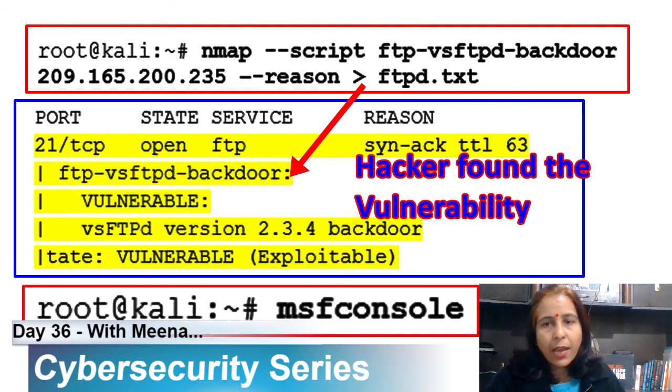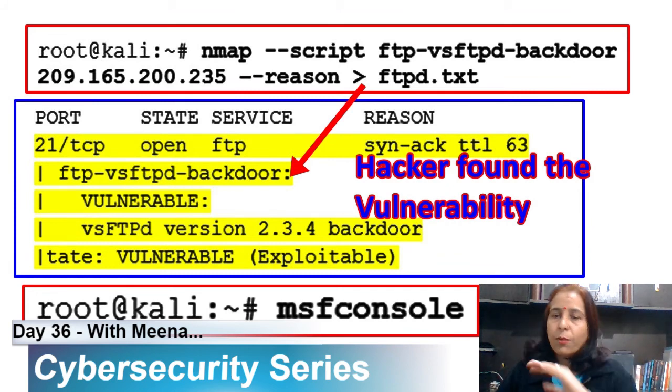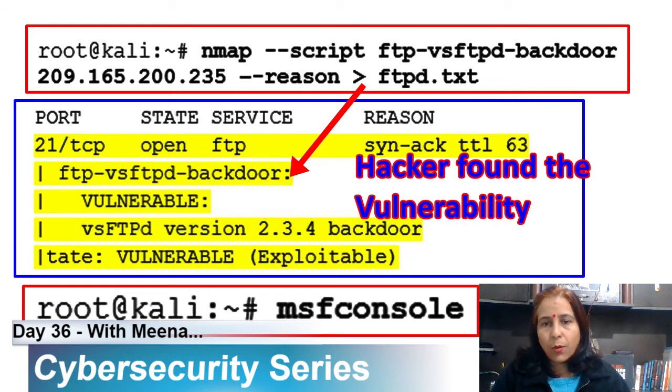With the help of MSF console, he used that vulnerability and exploited it with the help of Kali Linux. So attackers first collect information about the environment, and then, using the vulnerability they received, design a weapon against those vulnerabilities and then exploit it.